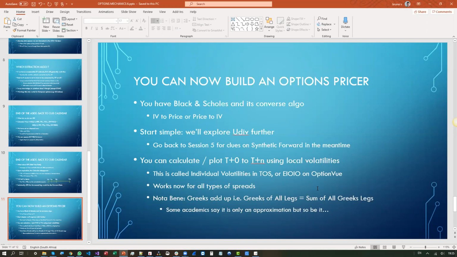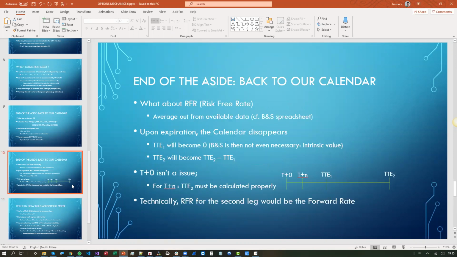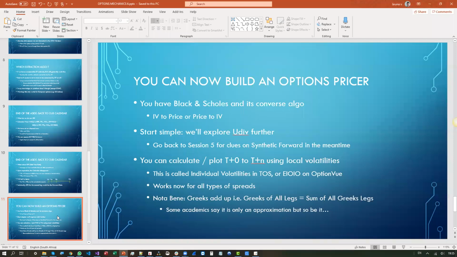I'm not saying I want to get you to code a platform like I'm doing, but even if it's done in Excel, many intermediate to advanced traders have their little spreadsheets with prices. If you follow this line of thinking, getting your IV curve or IV line, and paying attention to the right inputs, you will have a pretty good pricer for all sorts of configurations.